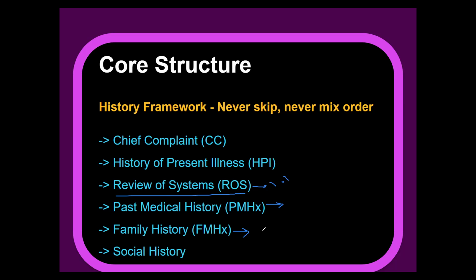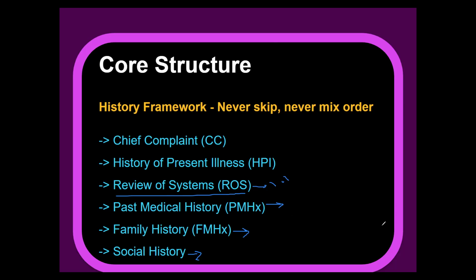Family history. Like I said already, it's important. Make sure you do not miss important family history. For example, if someone has chest pain, ask them if anyone in the family had heart disease or a heart attack. This will give you an idea of what the patient may be having. Social history.